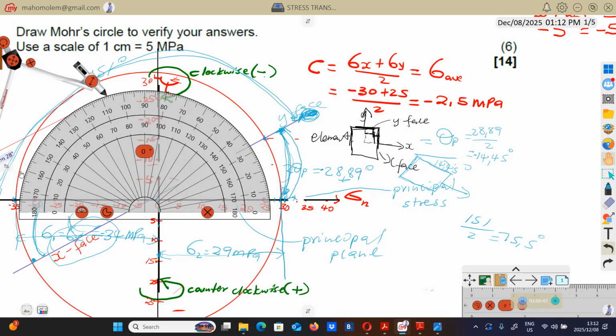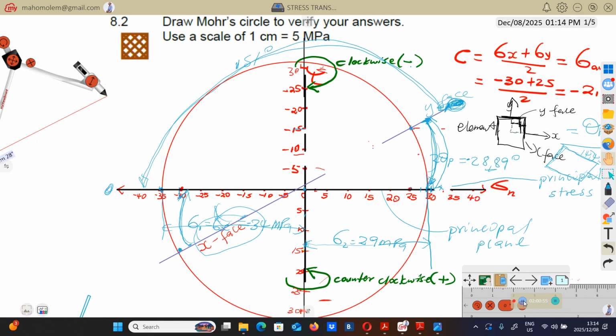That's why on that angle of 14 we got clockwise, which is negative. That negative means clockwise. I didn't cover everything, but I think I gave the basic knowledge that you need, especially when it comes to the direction of the shear force, the shear stress and the angle. That is something you must be careful with.